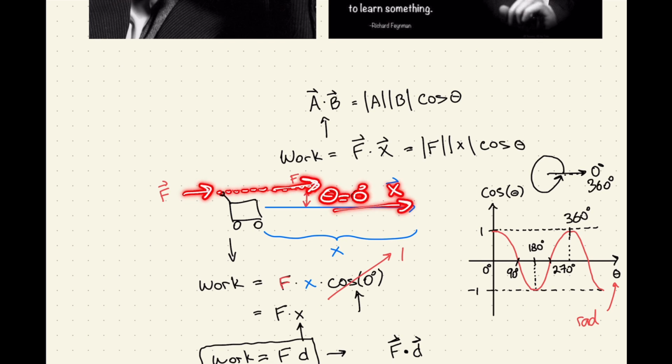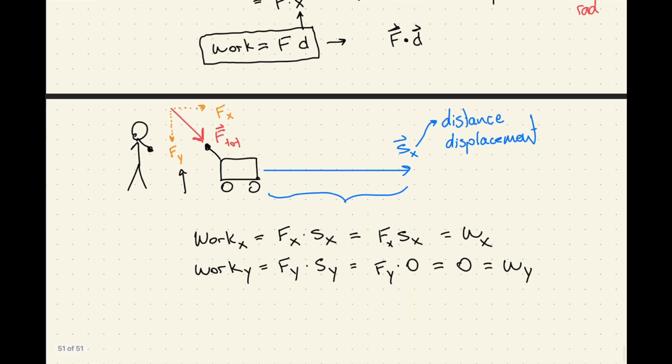I saw that they were pointing in the same direction, so the angle between them is 0. And when I plug in the angle between these guys, I get cosine of 1, and I just get force times distance. Force times distance. In this case, what I got for this case is the same thing, force times distance, but in the y direction, I got 0. So this is what the dot product does for you.